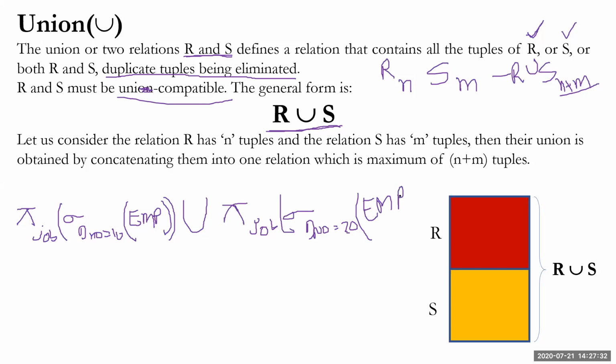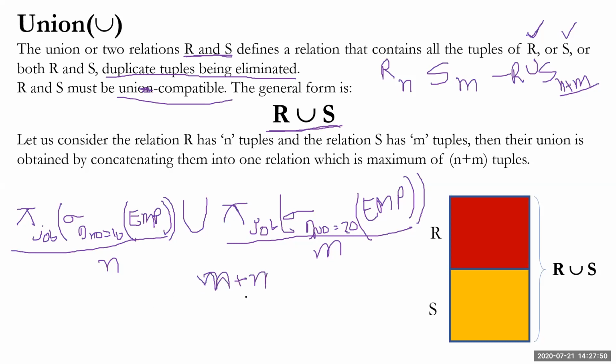Let us consider this is S. Individually R could give you m number of rows, and S could give you n number of rows. If you operate union, then obviously it could give you m plus n number of rows. In this way, you have to operate the union operation.